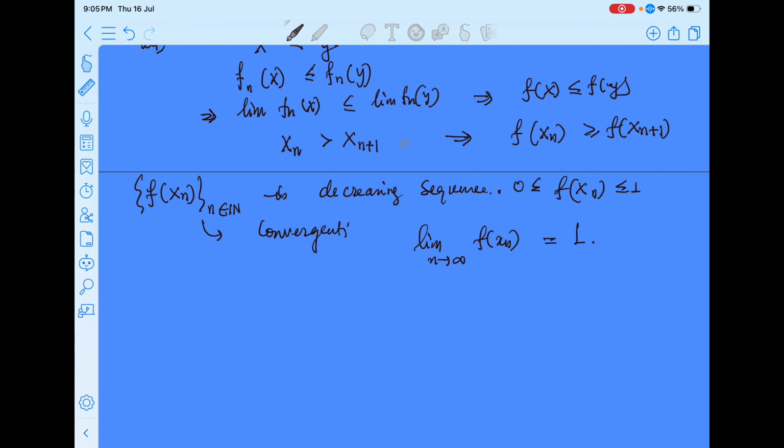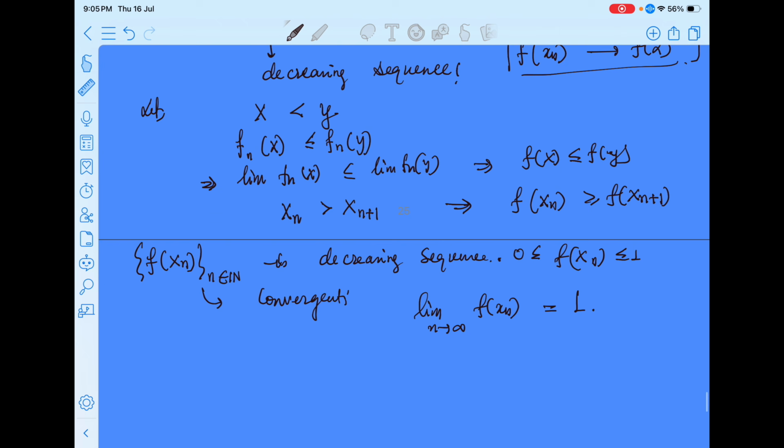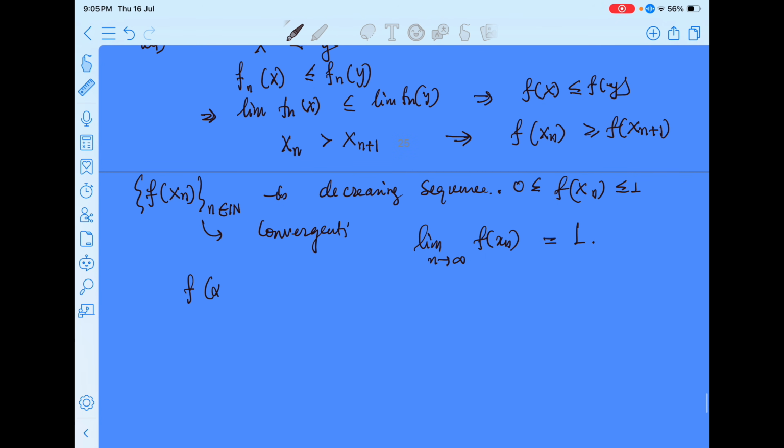So now let us check one thing. f of alpha is the limit as n tends to infinity of f_n of alpha, right?